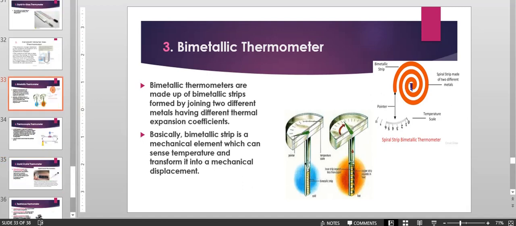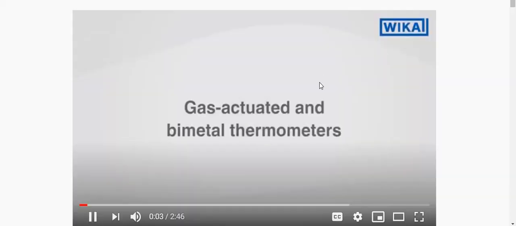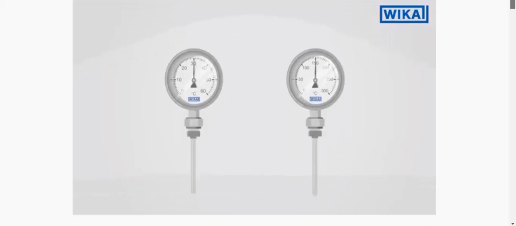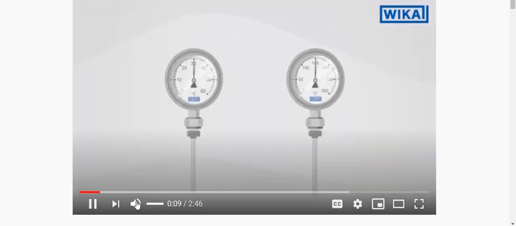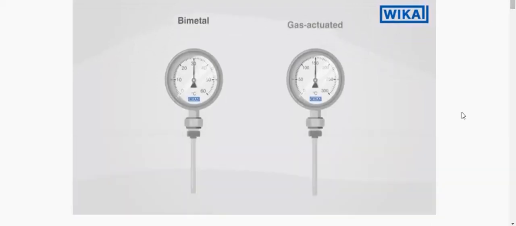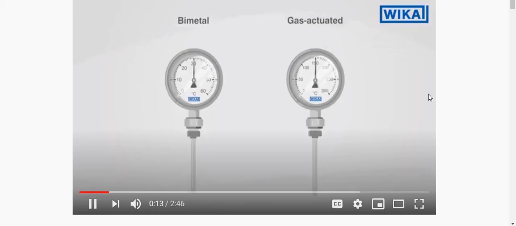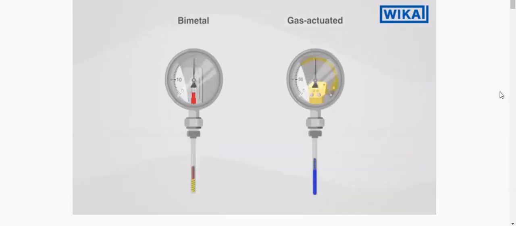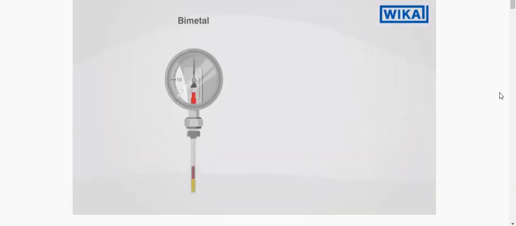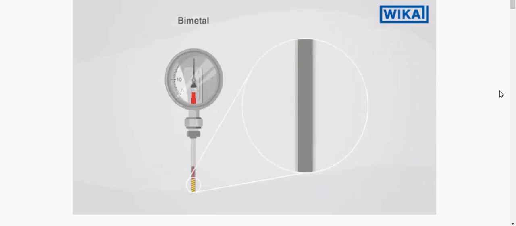So let's discuss this type of thermometer in a bit more detail. In industrial temperature measurement, there are typically two types of dial thermometers: bimetal and gas-actuated thermometers. Both feature different functional principles and are thus suited for different areas of application. A bimetal thermometer measures the temperature via a spiral tube which consists of two different metals.